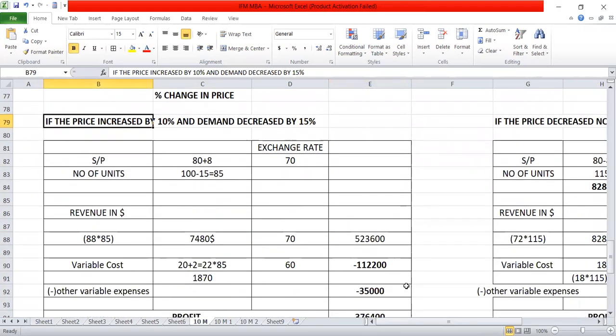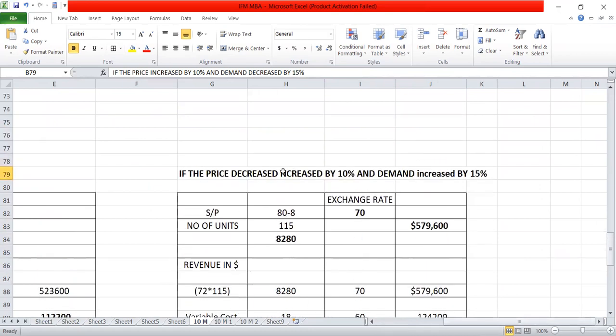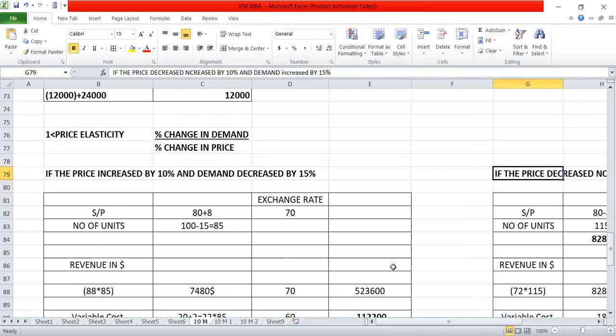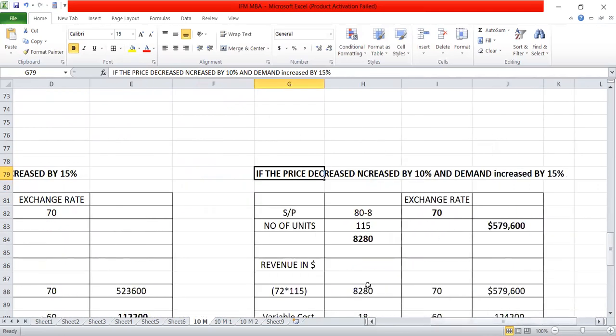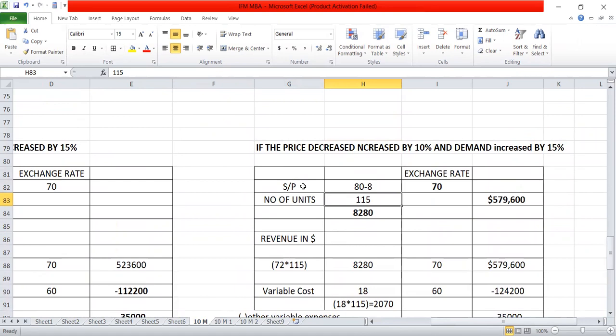Now the same if we do case B, if the price is decreased by 10% and the demand is increased by 15%. See, price decreased means the selling price, actually 80 rupees, decreased by 10%: 10% of 80 is 8, and 80 minus 8 is 72 rupees. The number of units was 100.